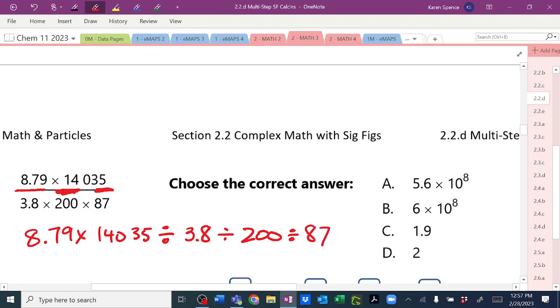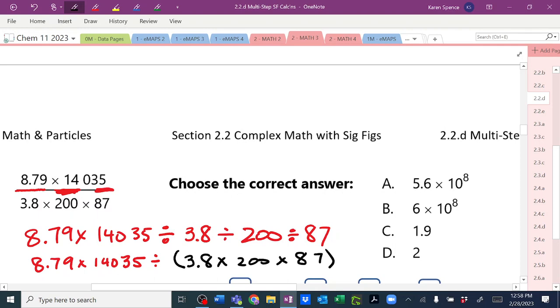That's one way of doing it. The other way of doing it is to have your top part, 8.79 times 14035, and then we can divide by, you can put a bracket around everything on the bottom, 3.8 times 200 times 87. Okay, and if you do either one of those things, you'll end up with something close to 2.